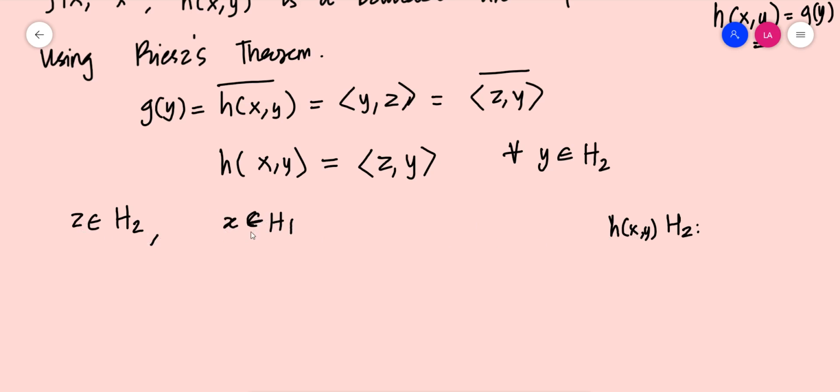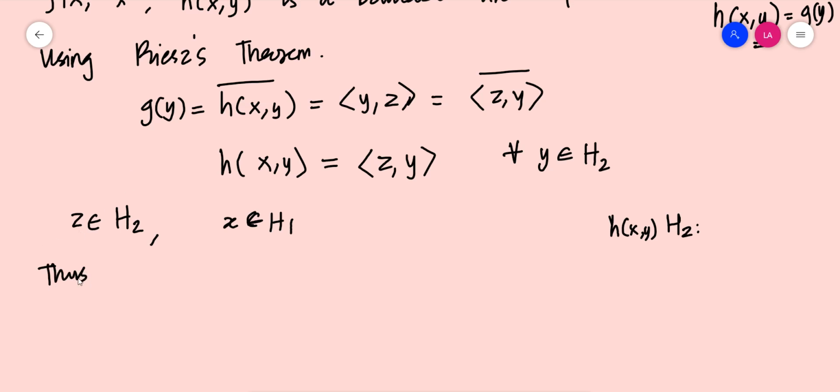So what we have done is we have fixed an x element of H1. Associated with this x, we have defined a linear operator and we have found a unique z which belongs to H2. So corresponding to each x element of H1, we can define a z element of H2. Thus we have an operator which maps an arbitrary x element of H1 onto an arbitrary z element of H2.